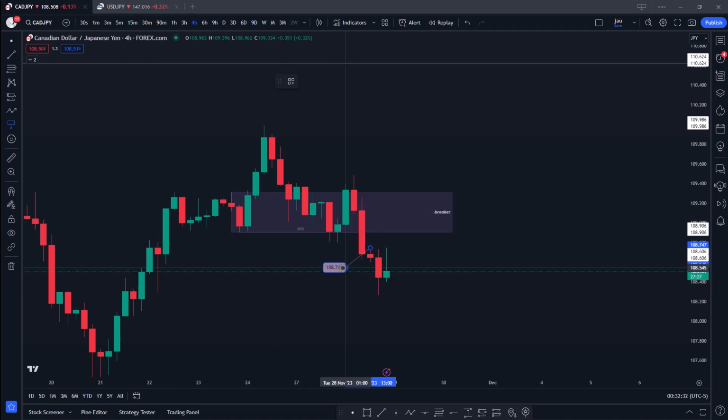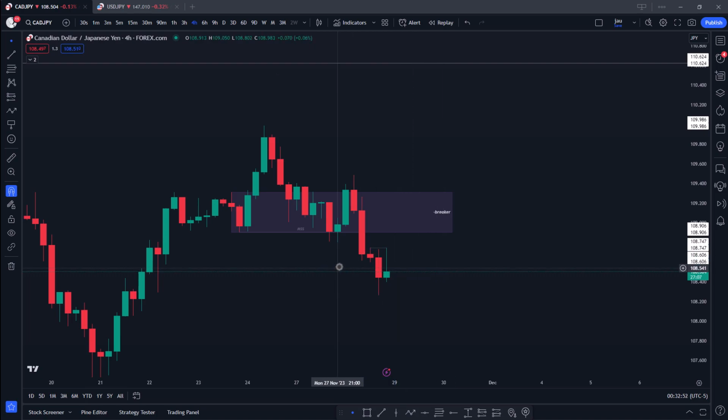So if you're a scalper, you could possibly consider taking a buy opportunity to clear these highs. Let's actually see what they look like on a lower time frame. But these are perfectly equal highs, right?